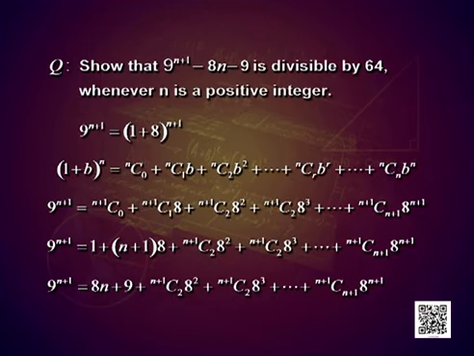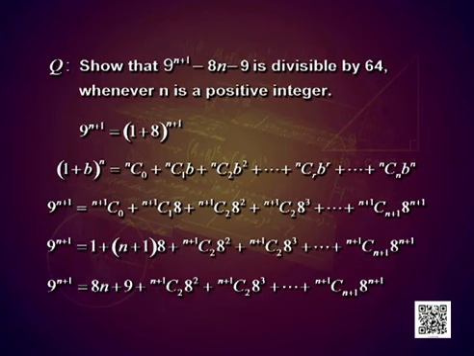So, if I shift this 8n plus 9 to the left hand side, I would get 9 to the power n plus 1 minus 8n minus 9 to be equal to (n+1)C2 8 squared plus (n+1)C3 8 cube, and so on up to (n+1)C(n+1) 8 to the power n plus 1. From each of these terms on the right hand side, 8 squared is common.